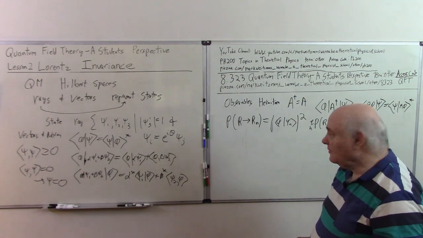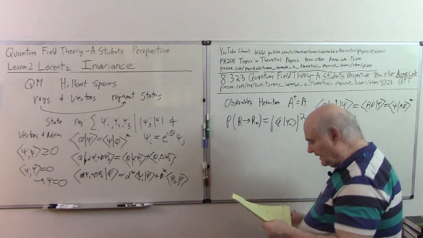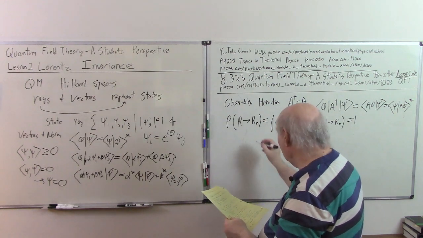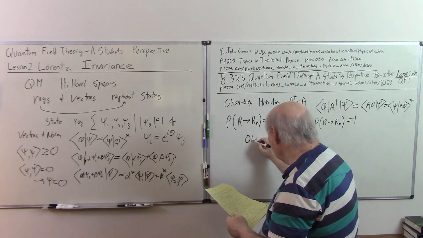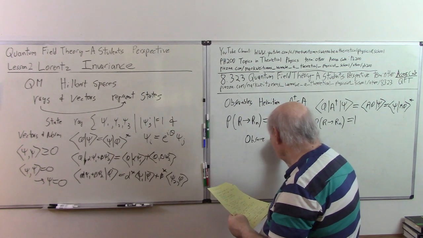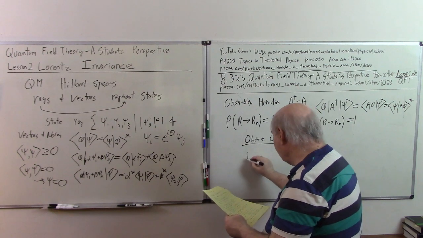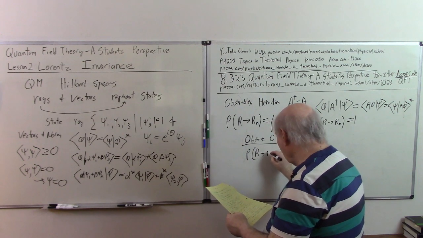Now, a symmetry transformation is a mapping where we map the rays. So one observer, let's say observer O, calculates a probability, let's say R goes to Rn.